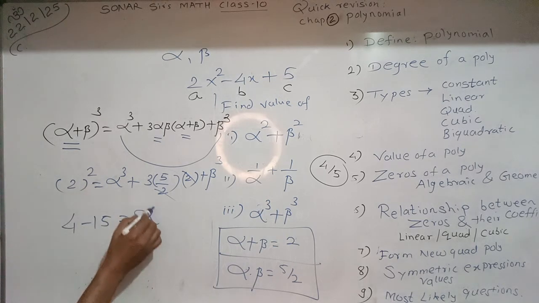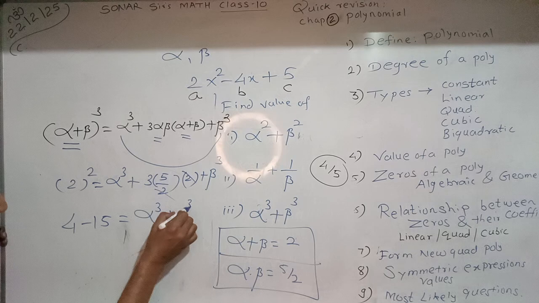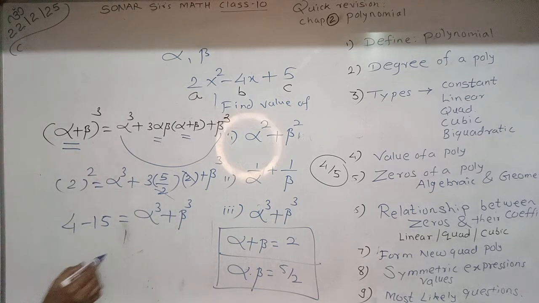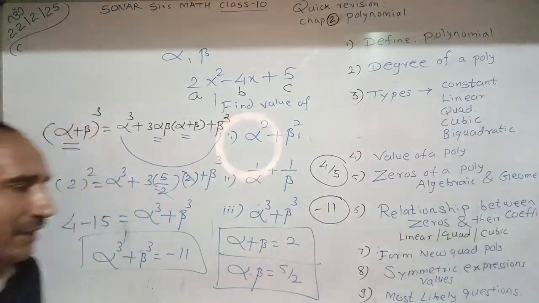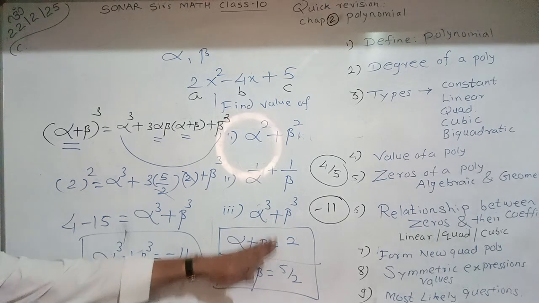So here we got the answer, alpha cube plus beta cube is minus 11. So in this way we find the solutions by using the relation between the zeros of the polynomial.